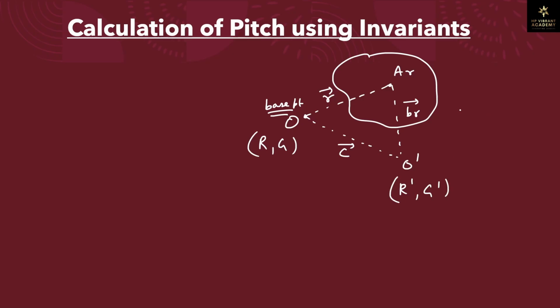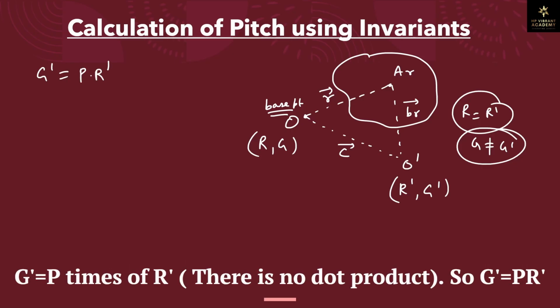We have proved that there is no change in the resultant on changing the base point, so R is equal to R dash. But G is not equal to G dash. On changing the base point there is a change in the couple of moment but the resultant remains the same. Using the relation, G dash is equal to P times R dash.